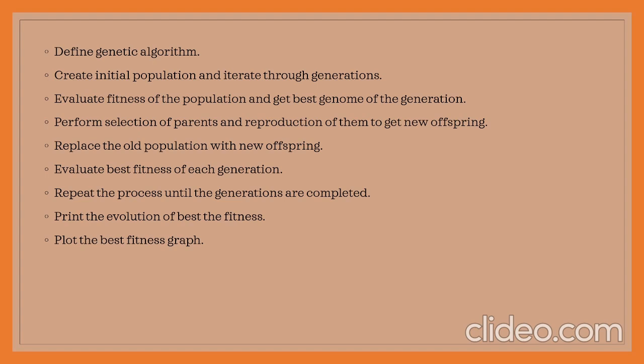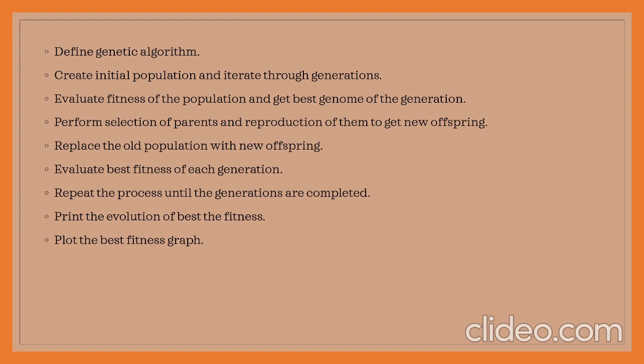Replace the old population with new offsprings. Evaluate best fitness of each generation. Repeat the process until the generations are completed. Print the evolution of best fitness and plot the best fitness graph.